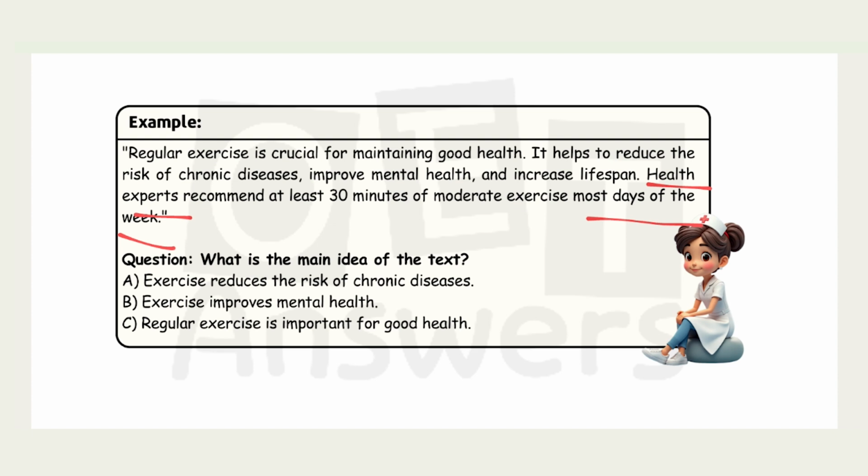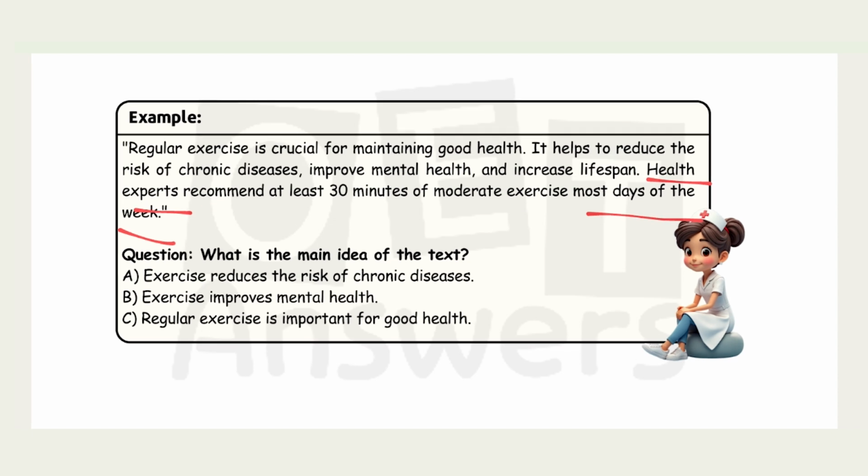And one more thing, when you're reading main idea type questions, be careful with the first line and last line. Sometimes that will help you understand the idea, or sometimes the last point will help you confirm the answers too, right? Okay, now we can see option A. Exercise reduces the risk of chronic diseases.